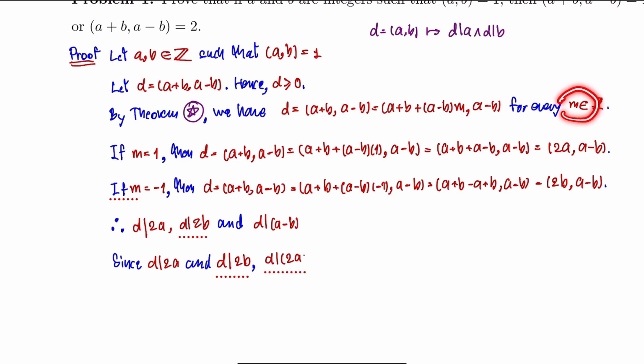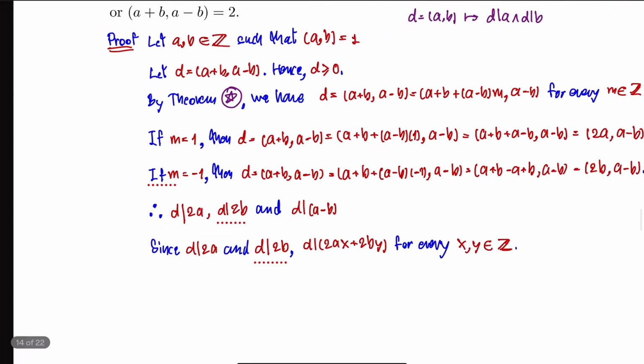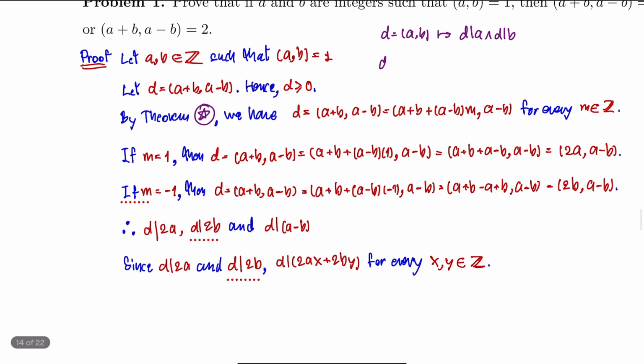Let's try to use x and y. 2ax plus 2by, okay, for every integers x and y. Alright, so do not forget that if d divides a and d divides b, then d will divide ax plus by for any integers x and y.